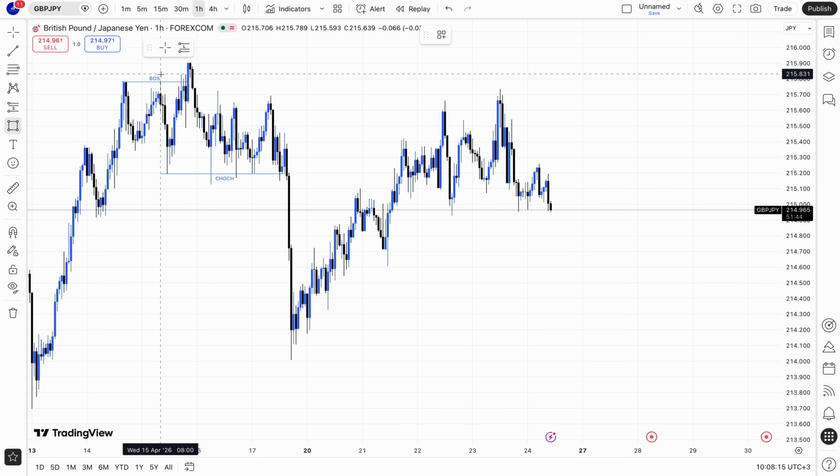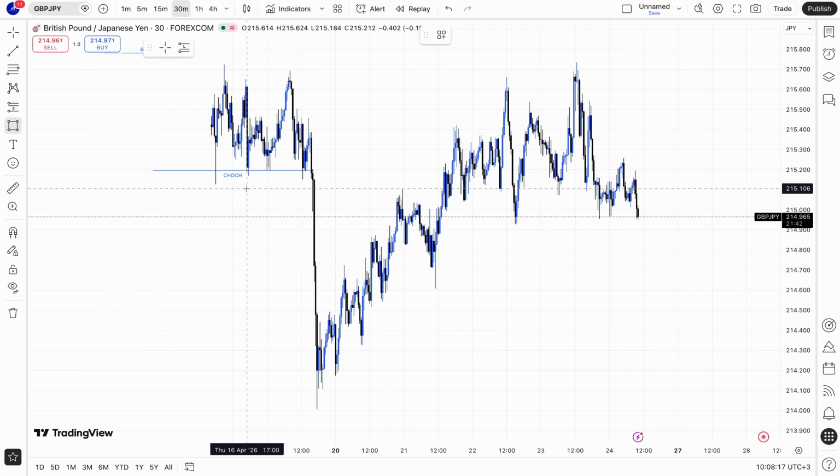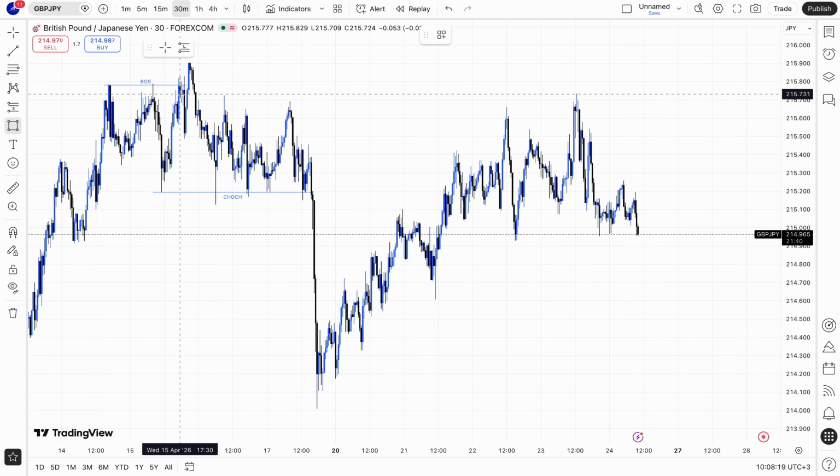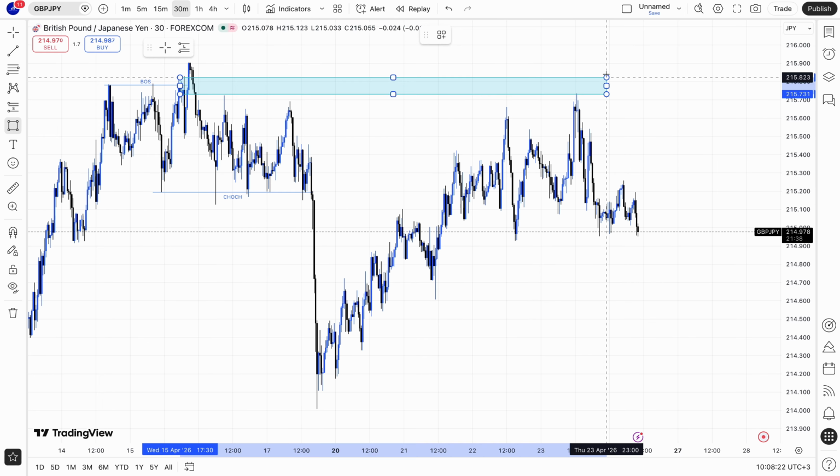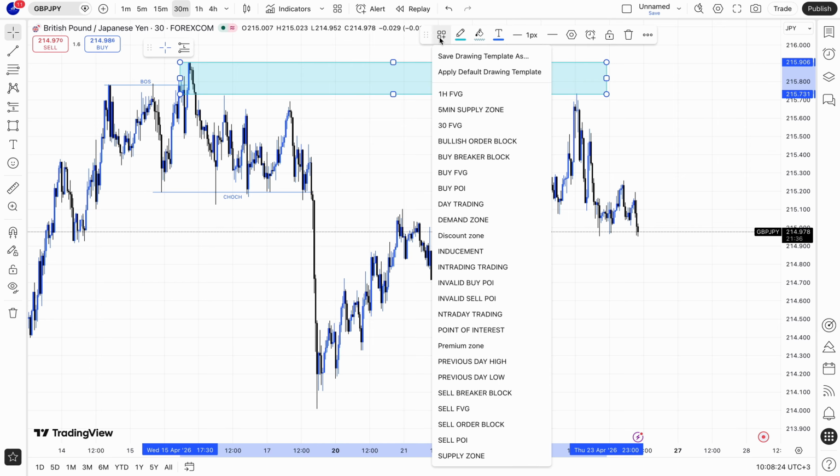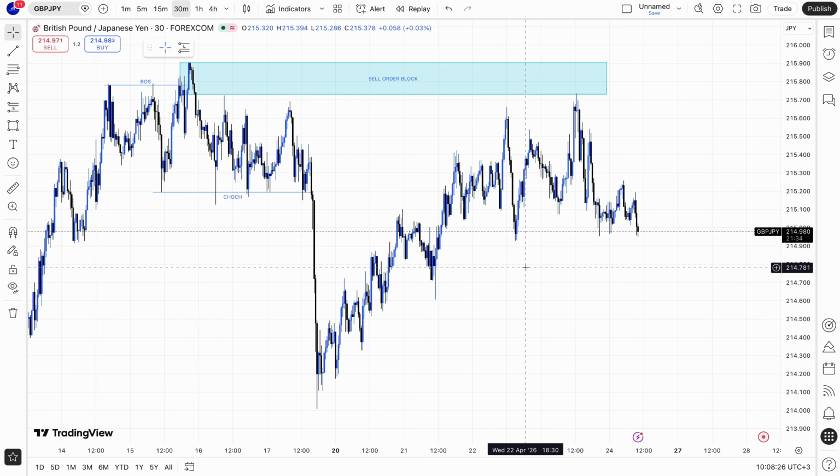Then from there, we had our bullish order block, sorry. The price came, tapped in, then continued to the downside.